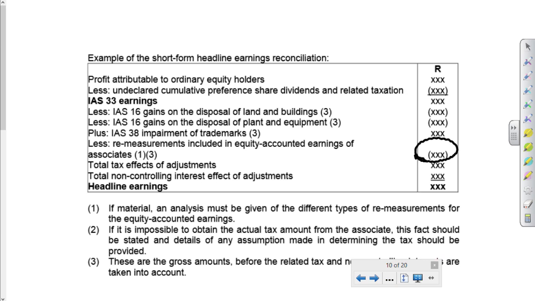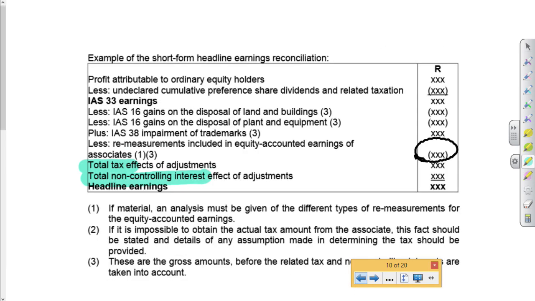So profit attributable, less prefs to get you to basic, then from basic all the adjustments, and then total tax effect, giving you, and total NCI, giving you the net number. So you'll see that I prefer short form myself. I just think it's easier to do. Total tax, total NCI. Yeah, but you're allowed to do either one in the exam as long as you show disclosure. Yeah.